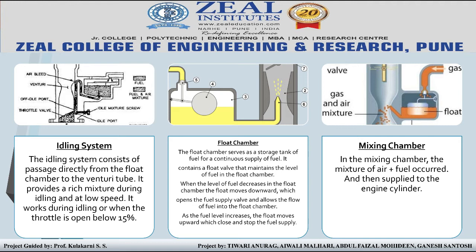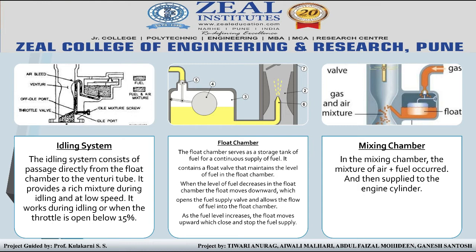Idling system. It consists of a passage directly from the float chamber to the venturi tube. It provides a rich mixture during idling at low speed. It works during idling or when the throttle is open below 15%. Float chamber. The float chamber serves as a storage tank of fuel for a continuous supply of fuel. It contains a float valve that maintains the level of fuel in the float chamber.